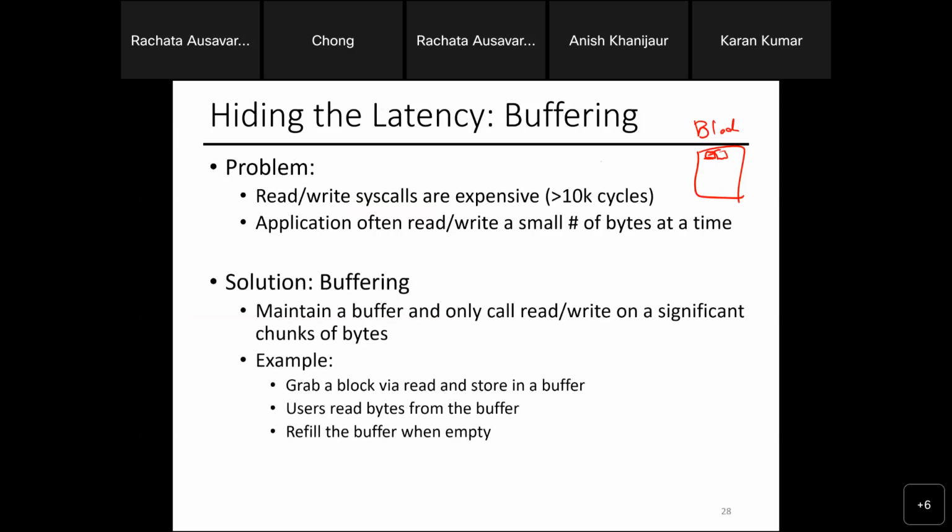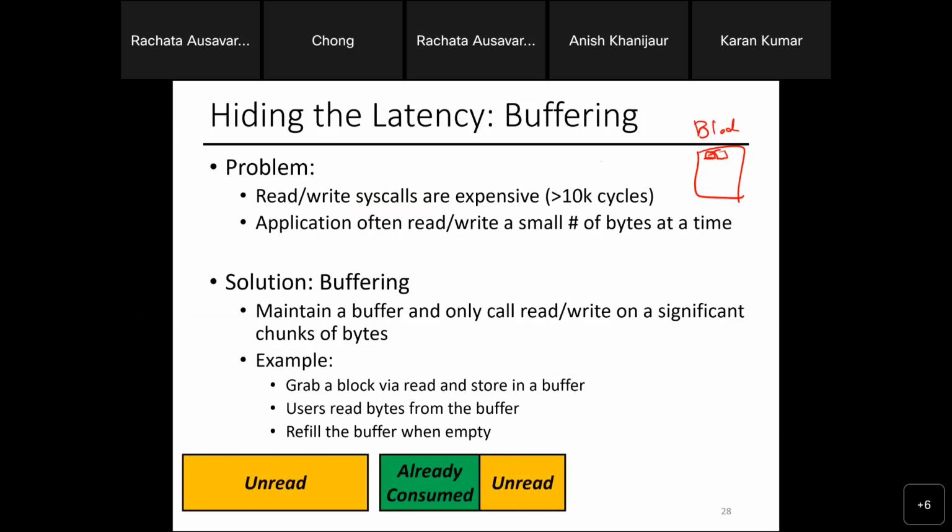Basically, you write a piece of software that does the fread, opens a file, reads a big block of data, and maintains that data in some buffer. It's not in the application level program, it can be in the kernel level, for example. When you grab a block, you put it in this buffer, and then I read one byte after another, consuming them until I'm done.